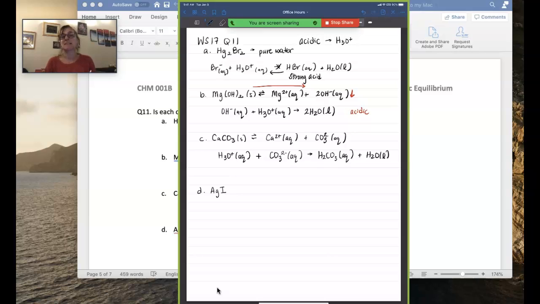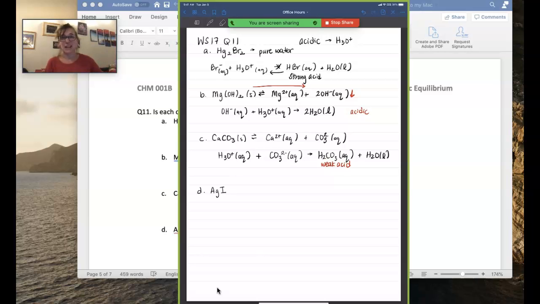Now, is carbonic acid a strong or a weak acid? It's a weak acid. And so therefore, it will react. So the hydrogen ion will react with carbonate to form carbonic acid.